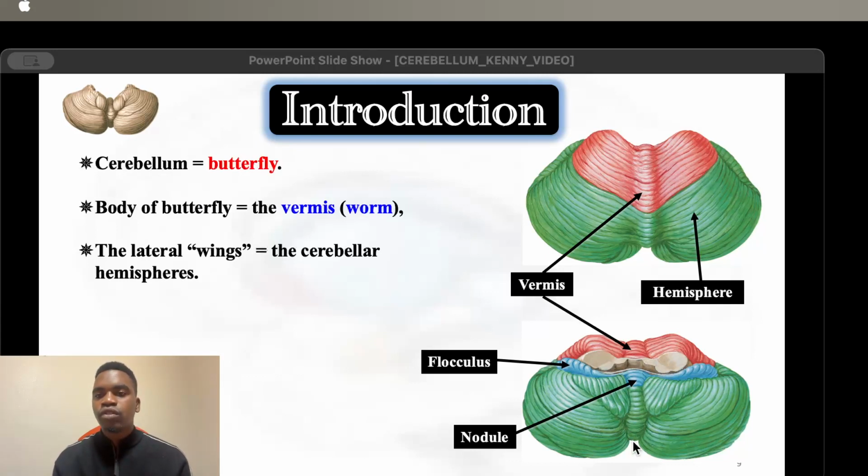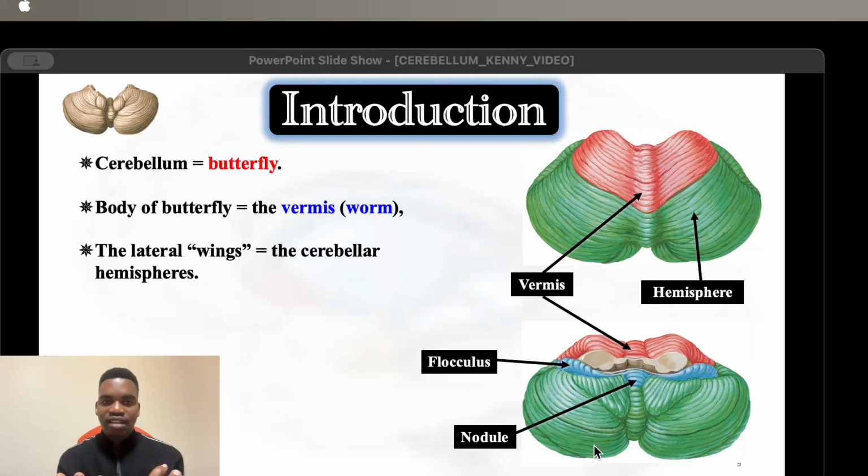Another thing I want you to note is that we have two elevations here, one on the right side and one on the left side. These elevations are known as the flocculus. So we've seen the vermis, which terminates as the nodule, and we've seen the flocculus.